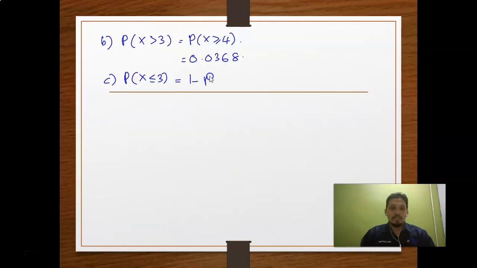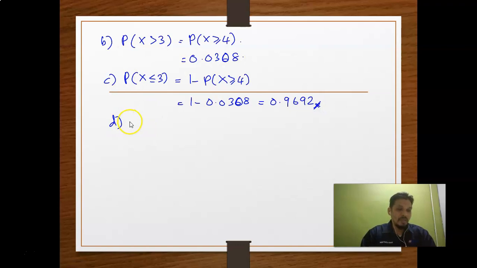It is 1 minus the probability of x greater than or equal to 4, which is 1 minus 0.0308, equal to 0.9692.